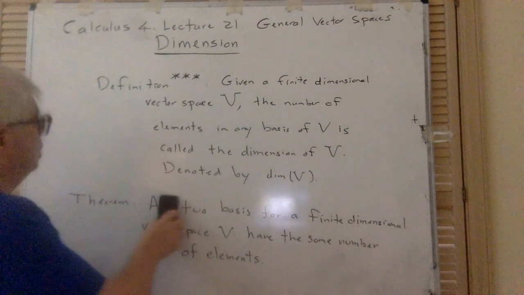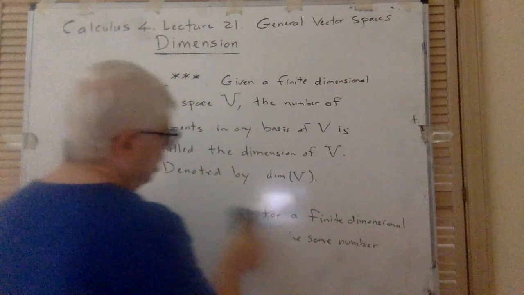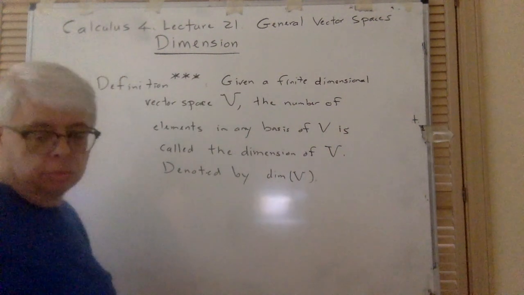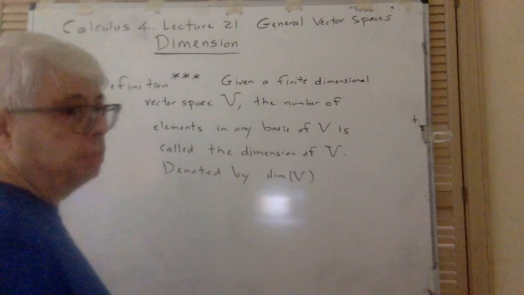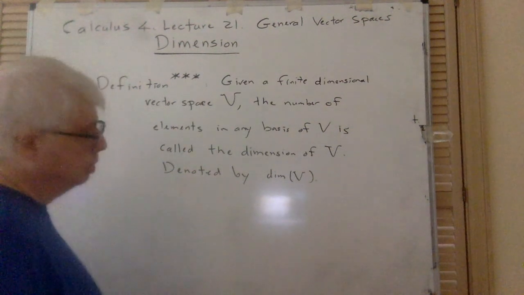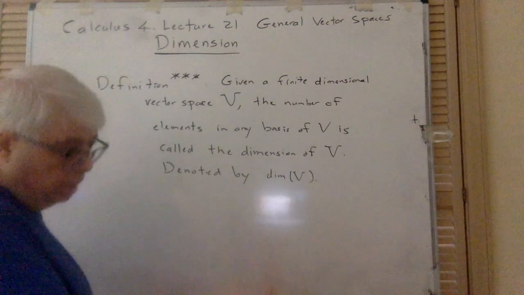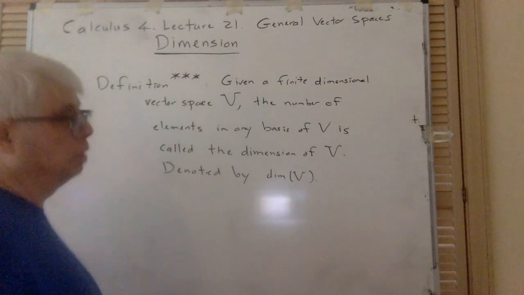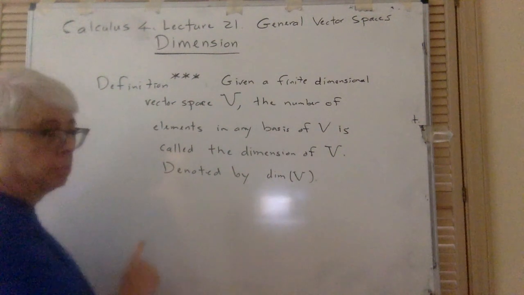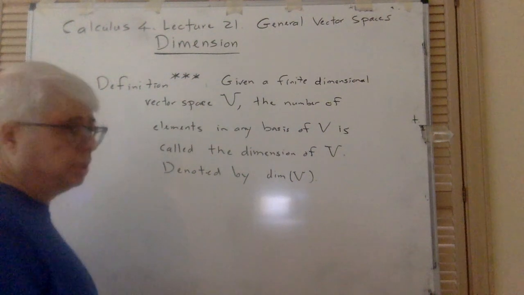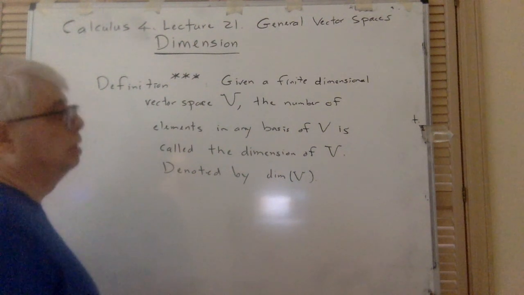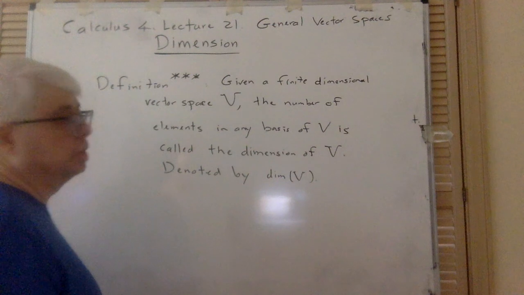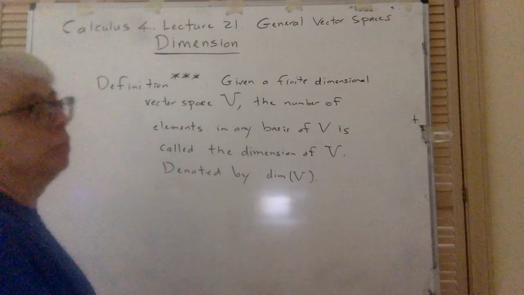So why is this well-defined? Well-defined means it doesn't change with different bases, because it depends on the basis and the number of elements in each basis. Well, I refer a person to this theorem. If you give me any basis, that basis should have the same number of elements as the one which I found, for example.